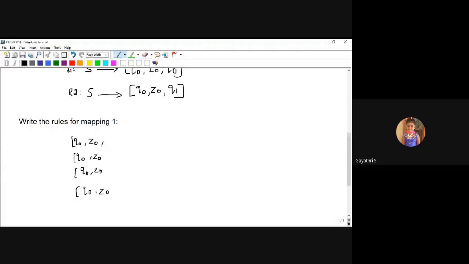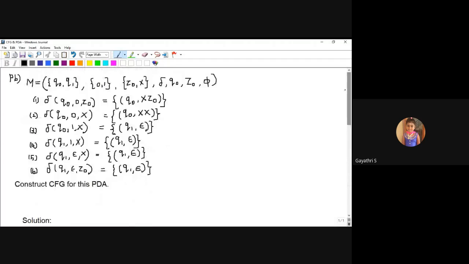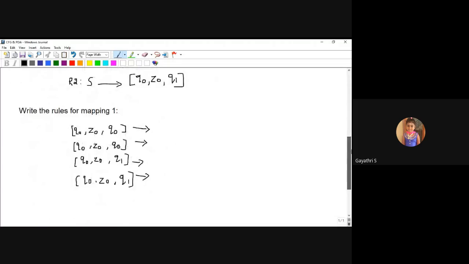So you have to write 2 times q naught and 2 times q1. Okay, this is the left hand side. What is the second element? Input alphabet, here 0. So the right hand side always starts with 0.